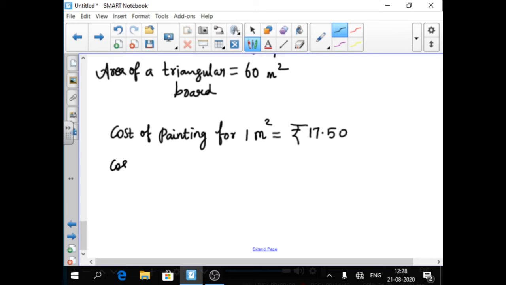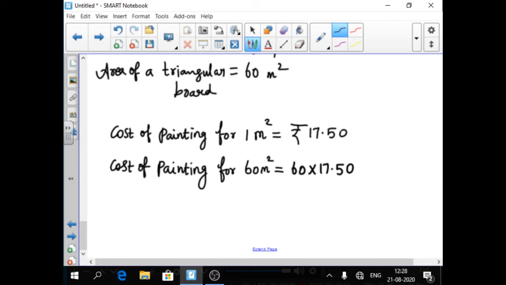So cost of painting for 60 meter square, that means we want to multiply 60 with 17.50. So now we are going to multiply 175 into 6. Multiply only by 6. Then after we can add the zeros.